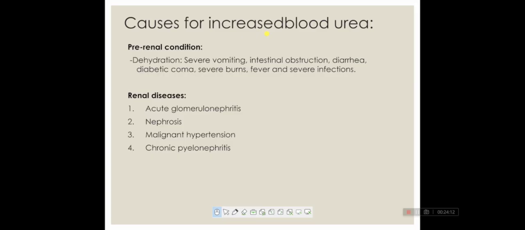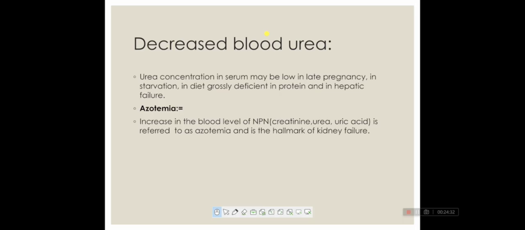In case of dehydration, the urea concentration may rise above its normal range. In renal conditions, such as acute glomerulonephritis, nephrosis, malignant hypertension, and chronic pyelonephritis, the blood urea level may be increased in the body.